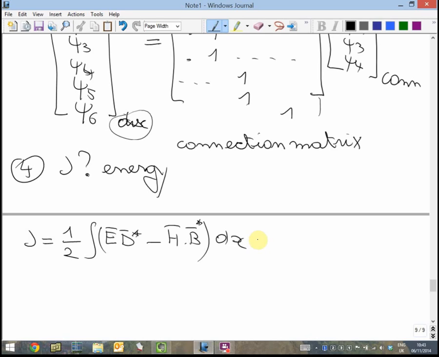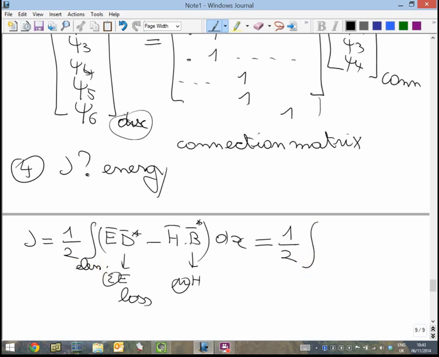What we're going to do now is make use of the fact that D is of course epsilon E, B is mu times H, and we're also going to assume that we're working in lossless media, meaning that epsilon is real valued, so there's no imaginary part to epsilon. Under that assumption, we can write this energy as 1/2 the integral over our entire elements.